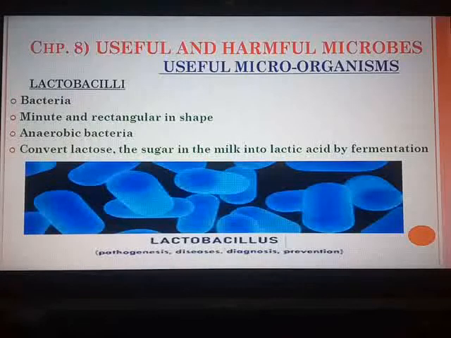Because when the lactose in the milk is converted into lactic acid, the pH of the milk decreases, causing coagulation of milk proteins, and thus the milk proteins are separated from the other constituents of milk, and this is what happens when milk changes into yogurt.